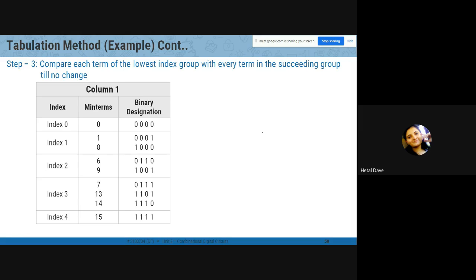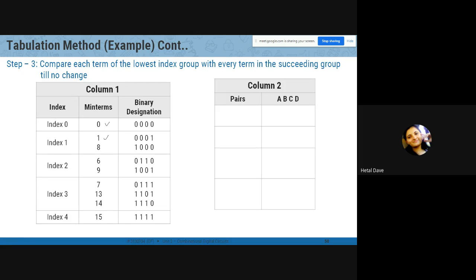Okay, so compare this 0 with 1. 0, 0, 0, the bits are the same, one bit change, so I can make the pair. I need to find pairs which have one bit change.